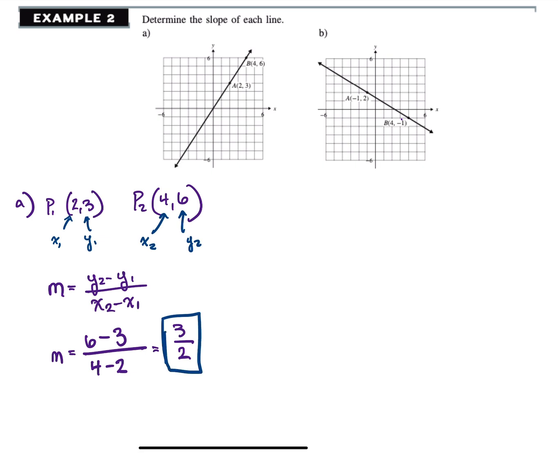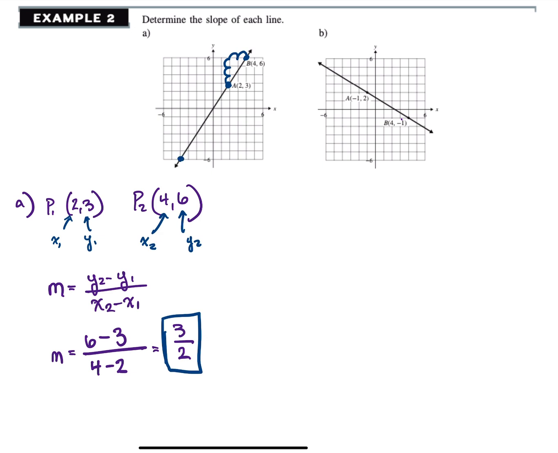And let's check this. Let's look at the rise over run on this graph. If we start at point A, we would go up 3 and then over 2 to get to our next point. And that's true between any two points on this line. Let's pick another one that's going through a nice corner of a square.